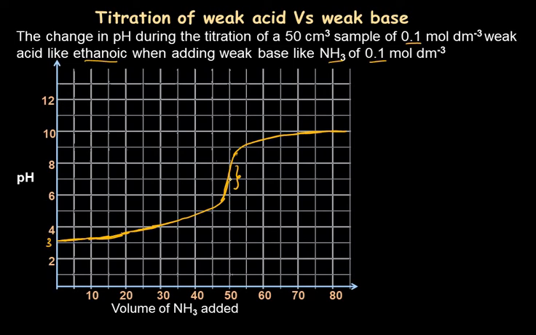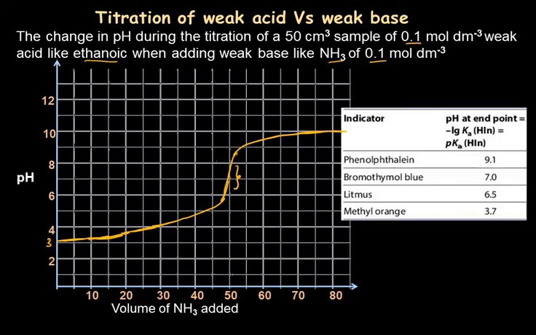Now as it's very small, it's very difficult to choose an indicator with a varying pH of 9.1, 7, 6.5 or 3.7. The problem is that it's crucial to choose an indicator which exactly shows a proper color change. So generally such indicators are not suitable for weak acid and weak base titration.